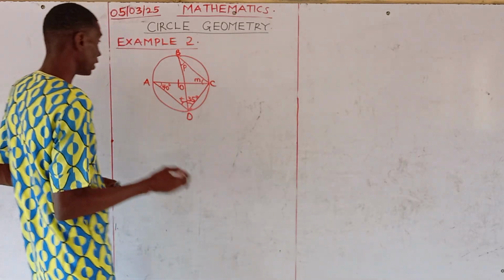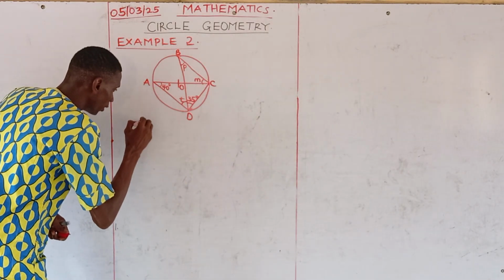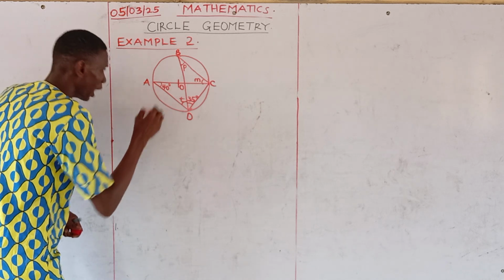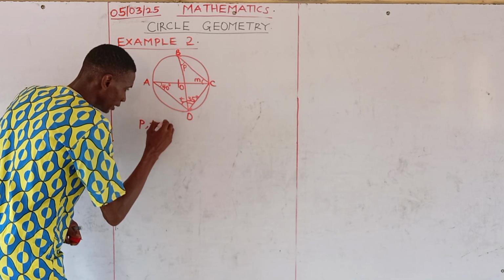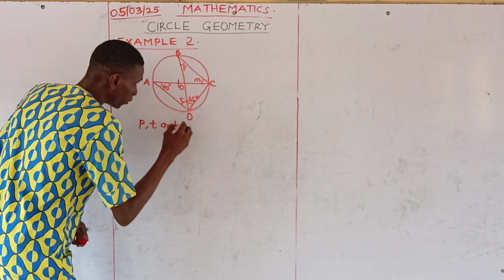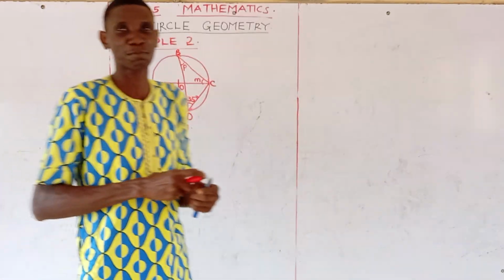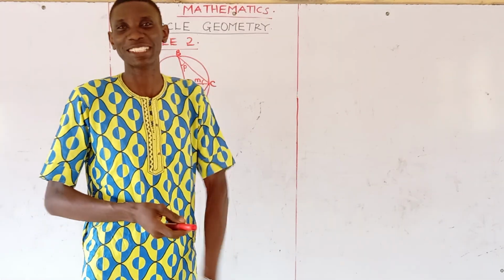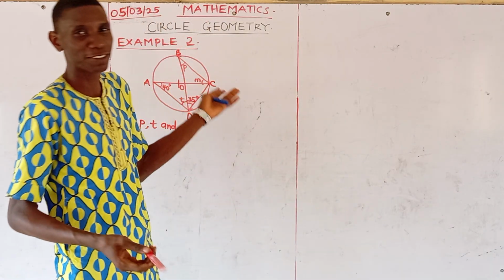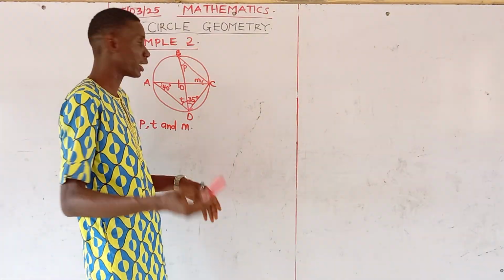In this example, we are looking for P, we are looking for T, and we are looking for M. So this is a 3-in-1 question. Don't let us be scared, as this is very easy to solve. Now, let's check it out.